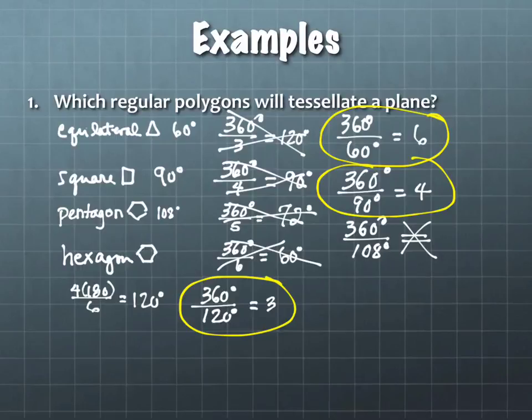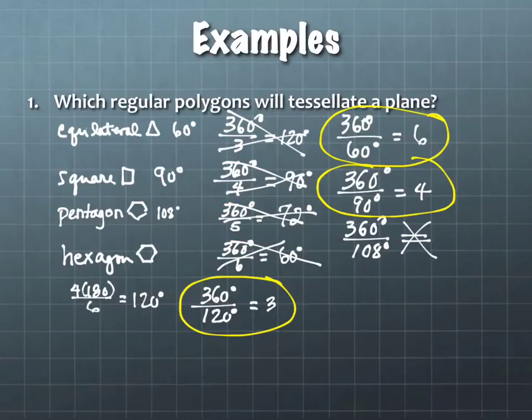Can I divide this evenly and get a 5 when I'm done? Well, I can divide it by 72. I tried something akin to that right here, right? 360 divided by 5 gave me 72, so 360 divided by 72 would give me 5. But there is no regular polygon that has angle measure 72, so it doesn't work.